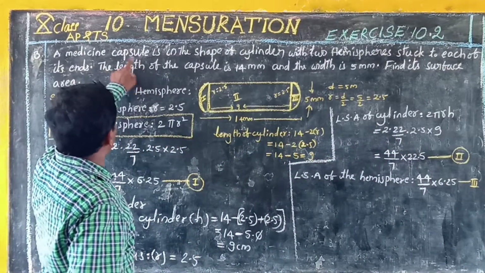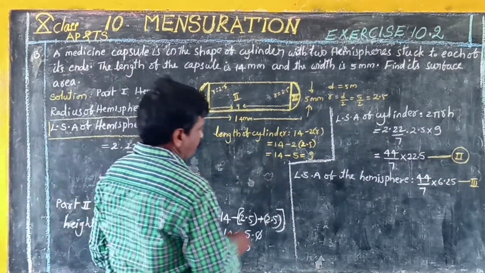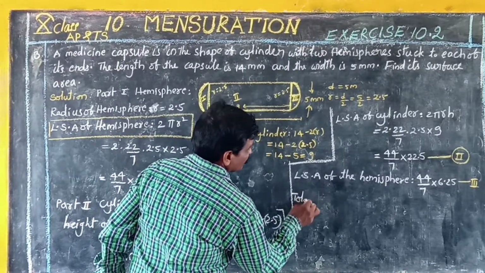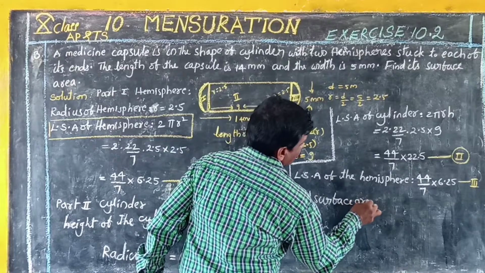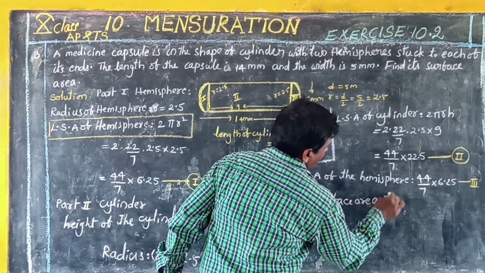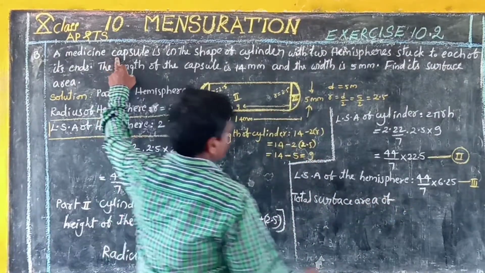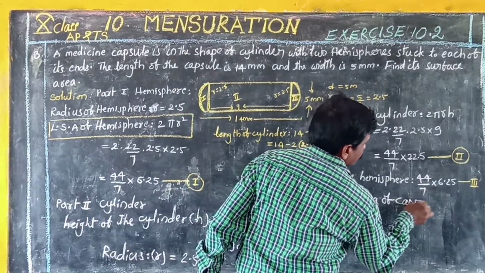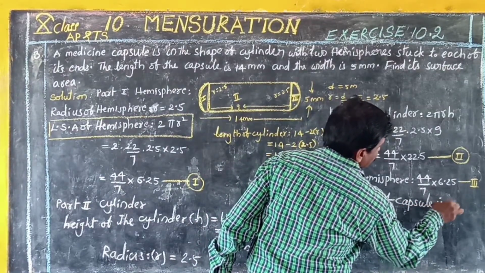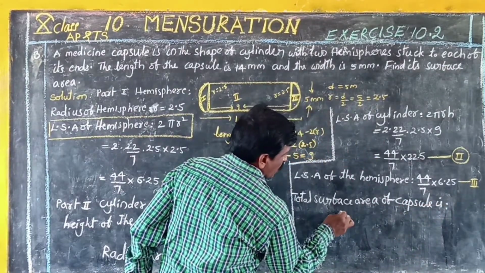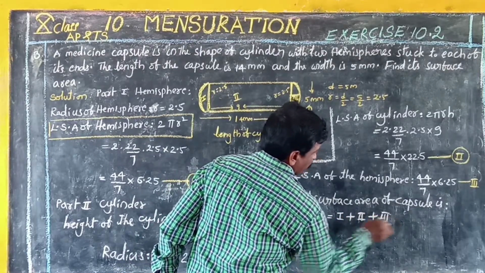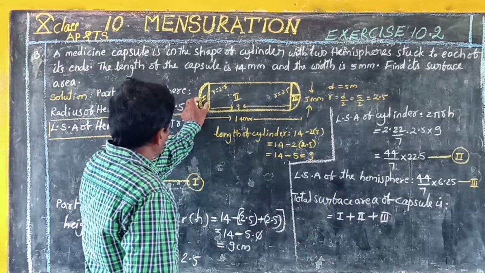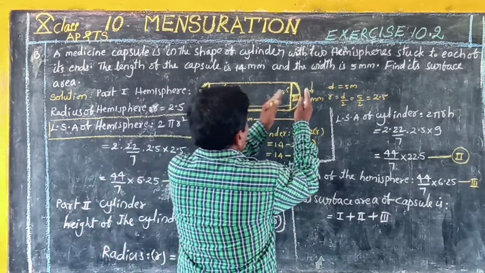Total surface area of the medicine capsule is part 1 plus part 2 plus part 3.